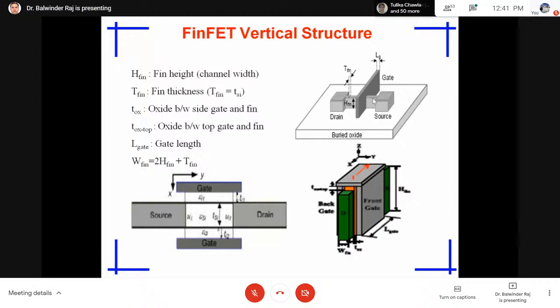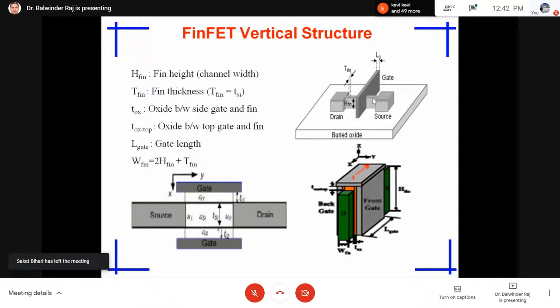This is again another technique to minimize my leakage current, and this is also known as an underlap FinFET structure. So during fabrication, the gate over the channel length can be of two types: one is the underlap structure and the other is the overlap structure.